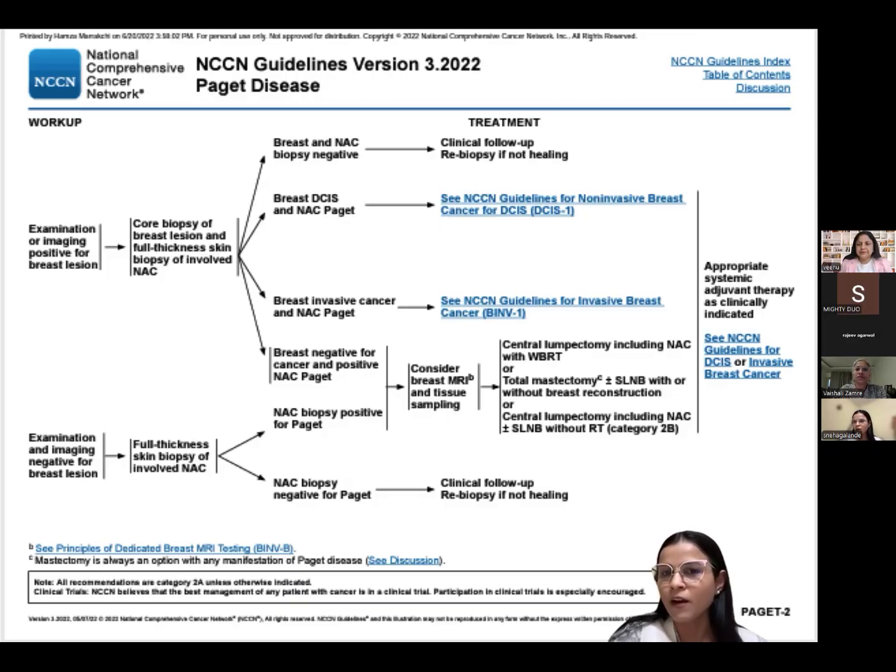So MRI would give us additional information. And to confirm the diagnosis, a pre-surgery full thickness wedge biopsy is a must, and we should also do an immunohistochemistry panel on that specimen to differentiate it from the other differential diagnoses, and then we should plan the surgical management according to our findings.